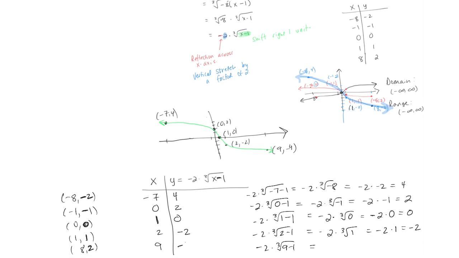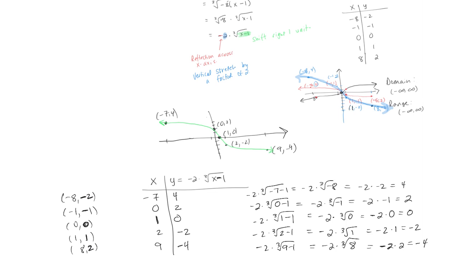Making that negative, it's -4. Okay, so -2 times cube root of 9 minus 1 is 8. So it would be -2 times the cube root of 8, which is -4. We're doubling it because of the vertical stretch, and we're making it negative because of the reflection across the x-axis.